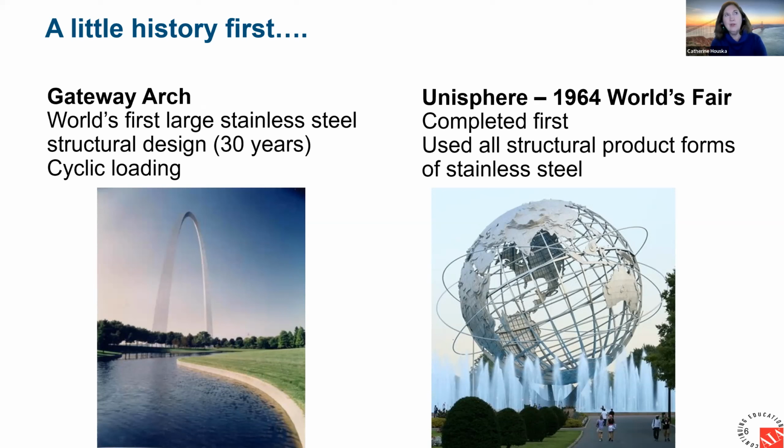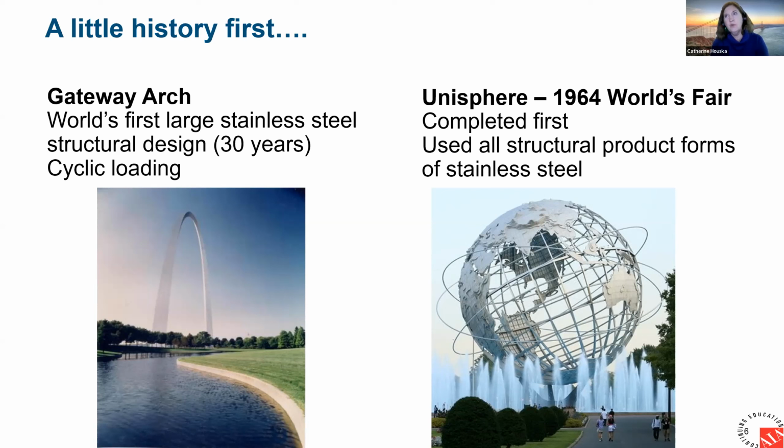The first large structural application for stainless steel in the world was the Gateway Arch. And it was, by tonnage, the largest application for 30 years. And because of its design, it inherently goes through cyclic loading and is just fine, having been involved in the 50-year inspection.